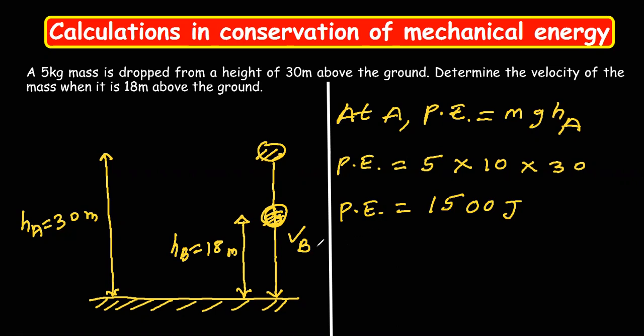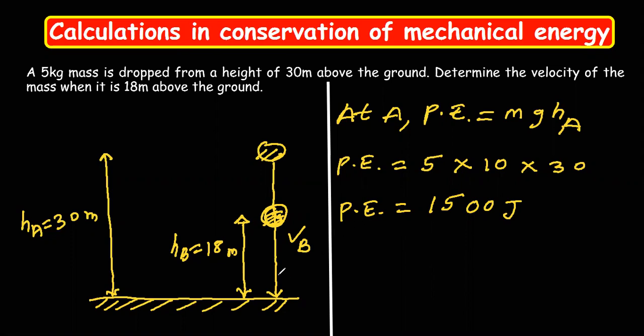So for us to calculate the velocity of the mass when it is 18 meters above the ground, we are going to say that the sum of the kinetic energy and the potential energy at B is equal to the total energy.